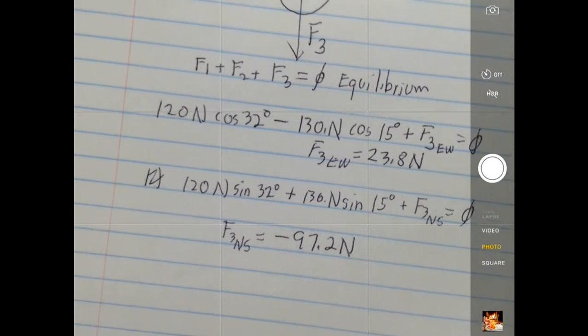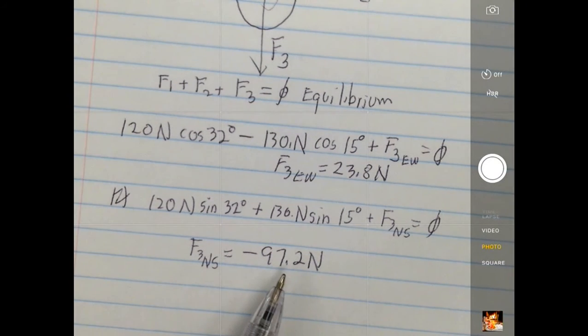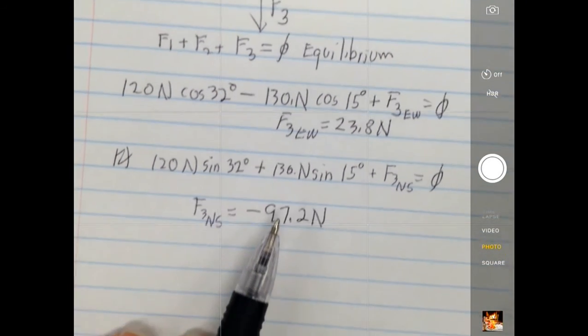Okay, for north-south, the north component of F1 plus the north component of F2 are canceled by the south component of F3. So I got 97.2 newtons for the south component.